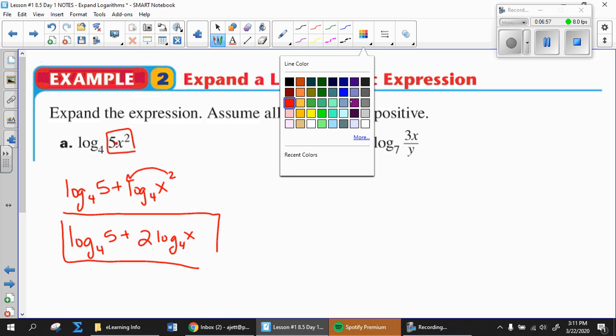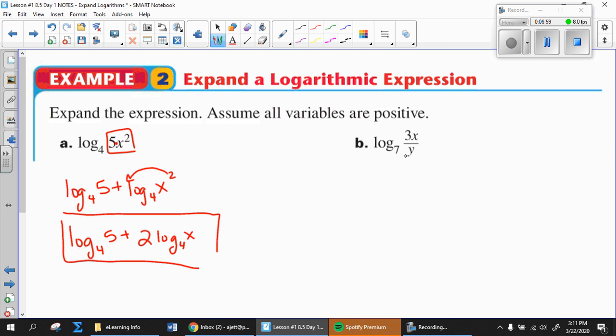Next one. Okay, big operation here. What's the big operation here? Division. Okay, so we're going to split this up. Since the big operation is division, we're going to split it up by subtraction. So log base 7 of 3x, because that's what's on top, minus log base 7 of y. Then we can also split this up right here.